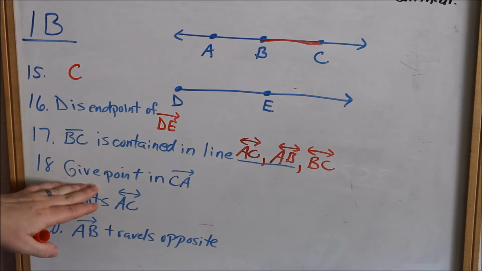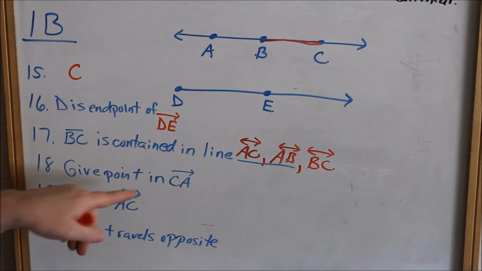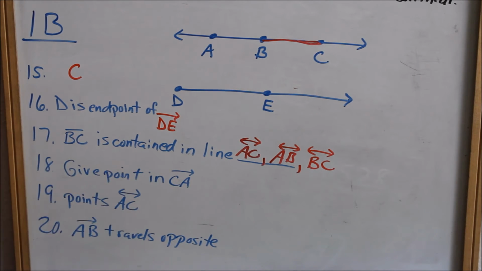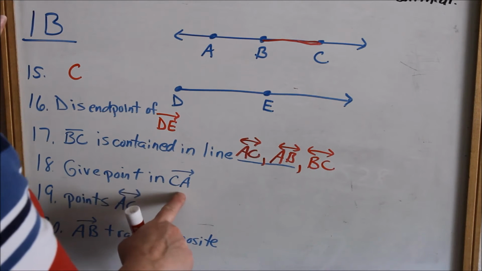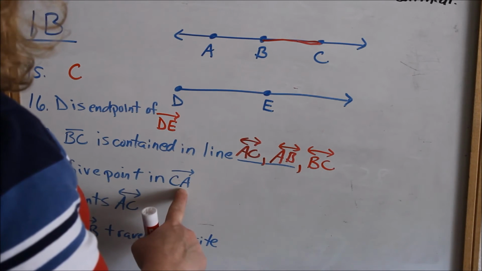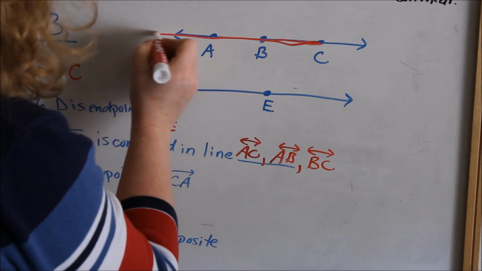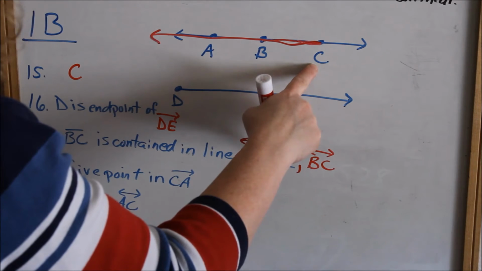Number 18 says, give a point that is contained in ray CA. Ray CA means the ray starts at C and goes toward A. So if it starts at C and it goes toward A, you want to name a point in there.